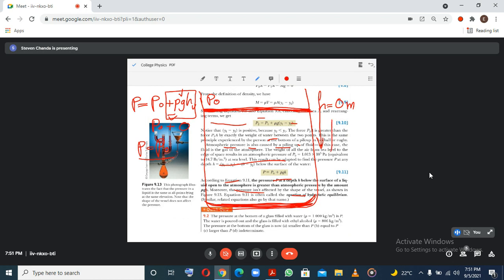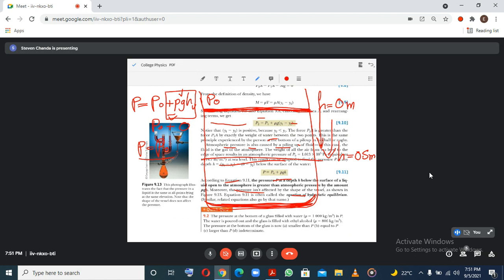But as we go below, let's say it's now 0.5 meters, then we can plug in. Let's say it's water, then gravity we know is 9.8 meters per second squared, and we can plug in that height. Then we get the value of ρgh, the density times gravity times height.